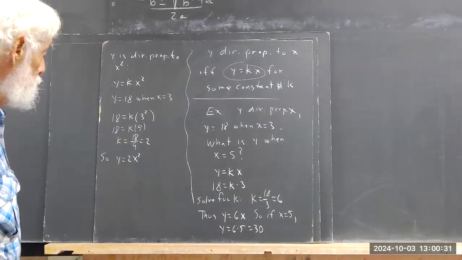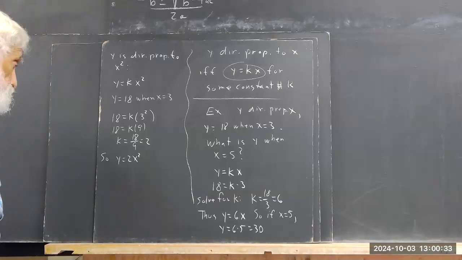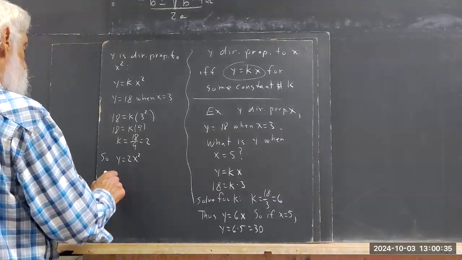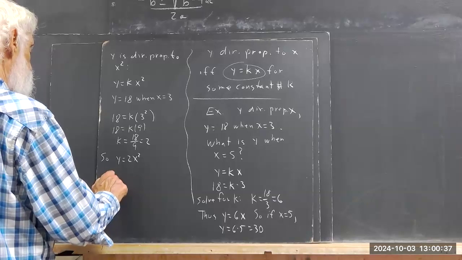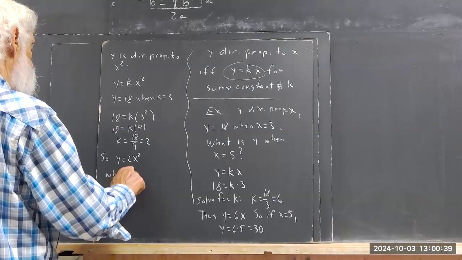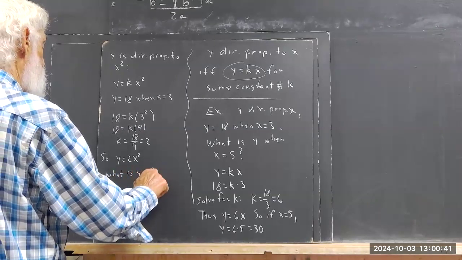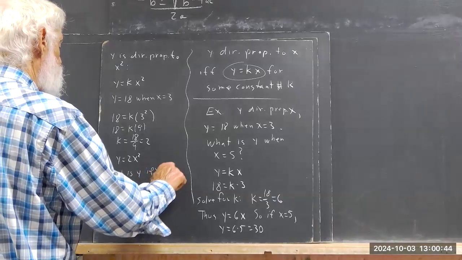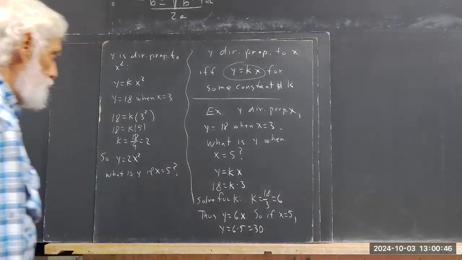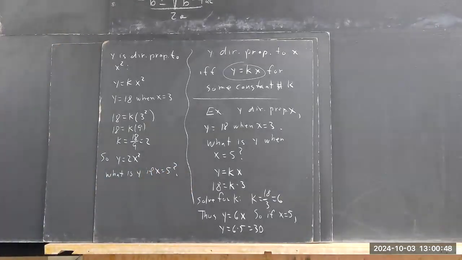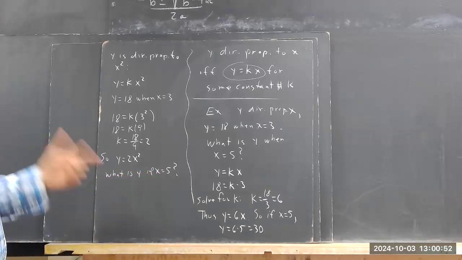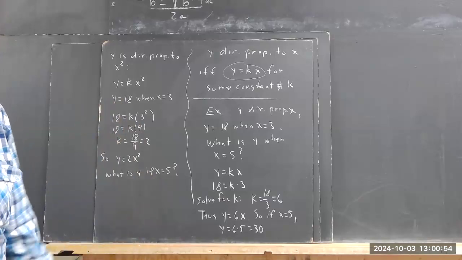Okay, so y equals 2x squared. If x equals 5, well, you still could think it through intuitively. If I square 5, I get 25, and my multiplier is 2, so I'm going to get 50.